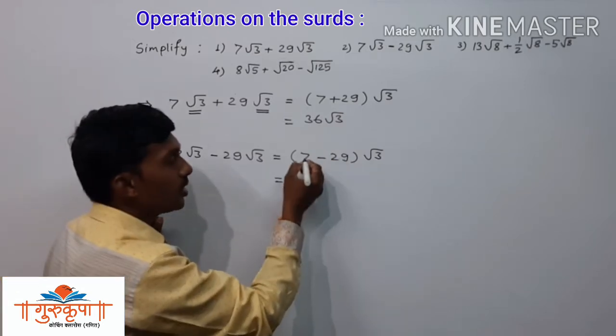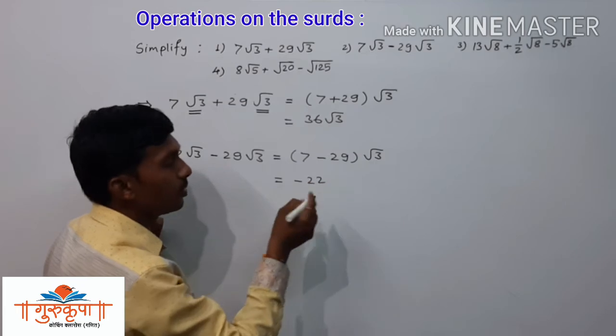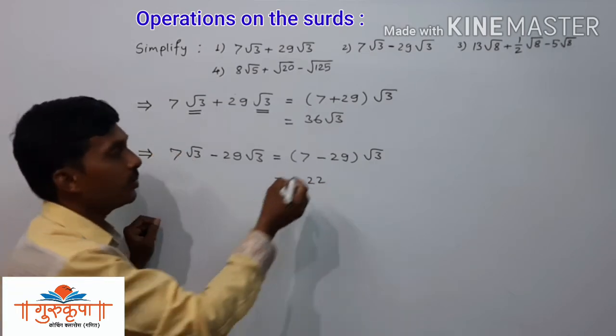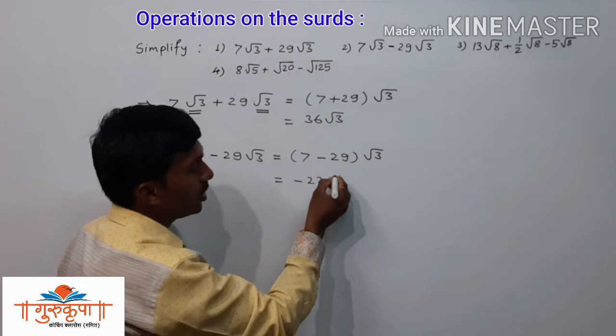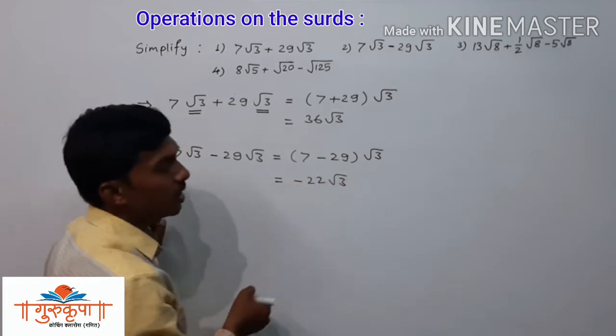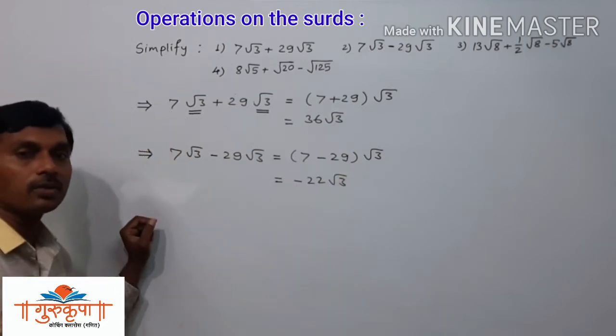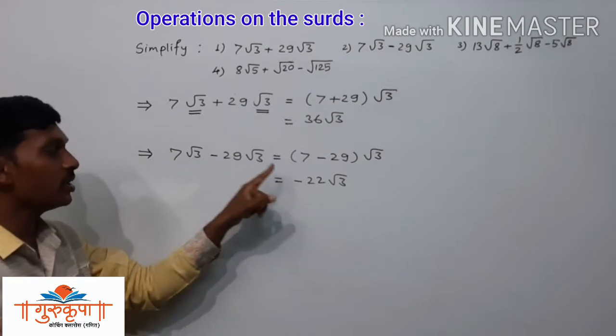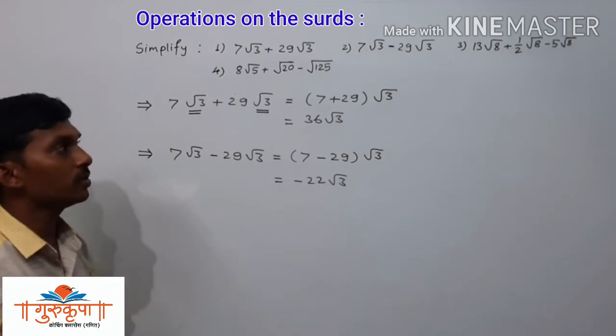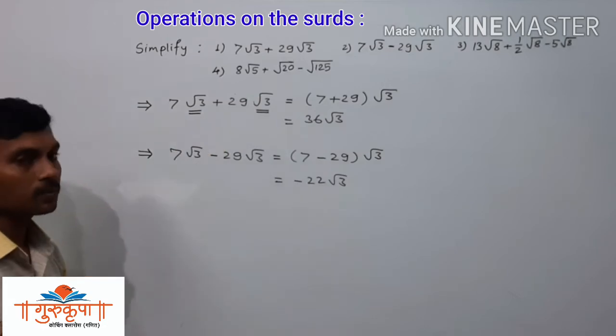So 29 minus 7 is 22. The bigger number is negative, so the answer is negative, and this root 3 remains as it is. Our subtraction is negative 22 into root 3. Now we have the third example.